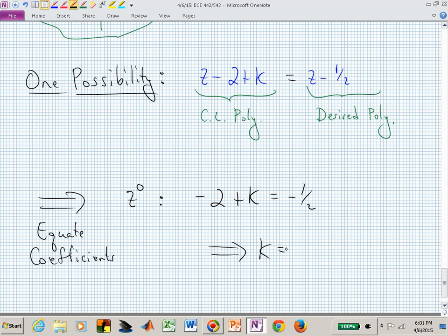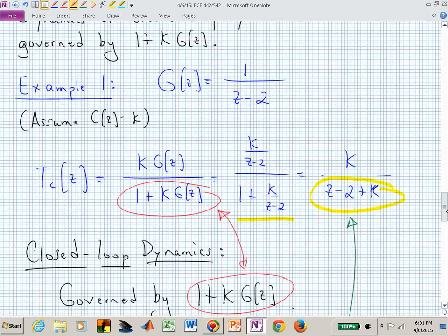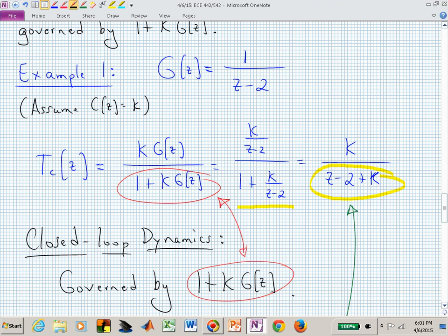If I solve that for k, I get k is equal to 3/2. That's now a value of k. If I now plug that k value back into my closed loop transfer function expression, which was a function of k on the far right, I now have my closed loop transfer function.